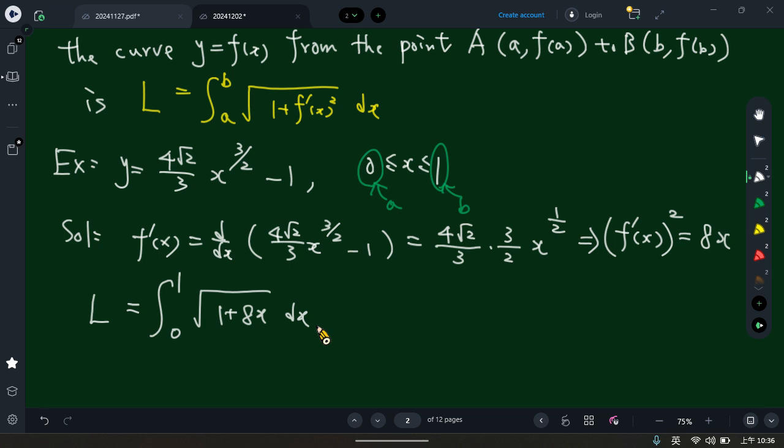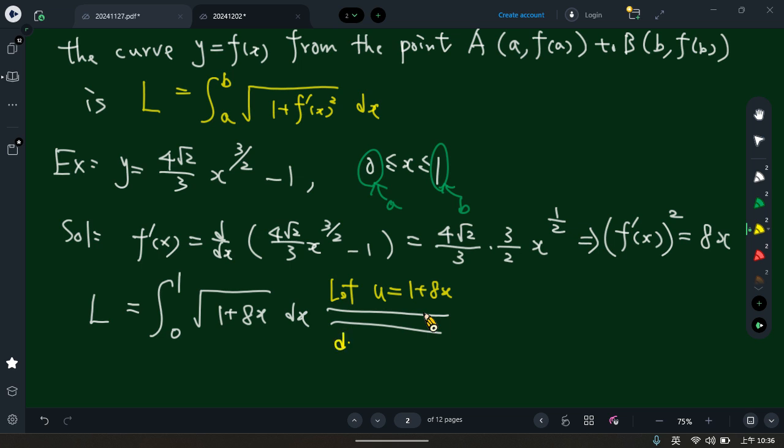By using substitution. Let me review the process again: let u equal 1 plus 8x.